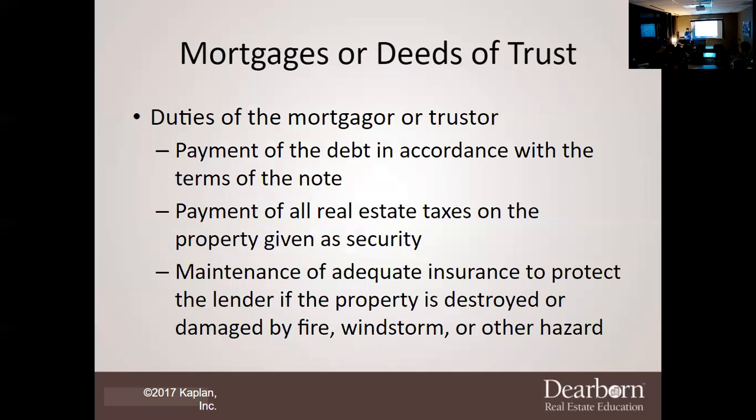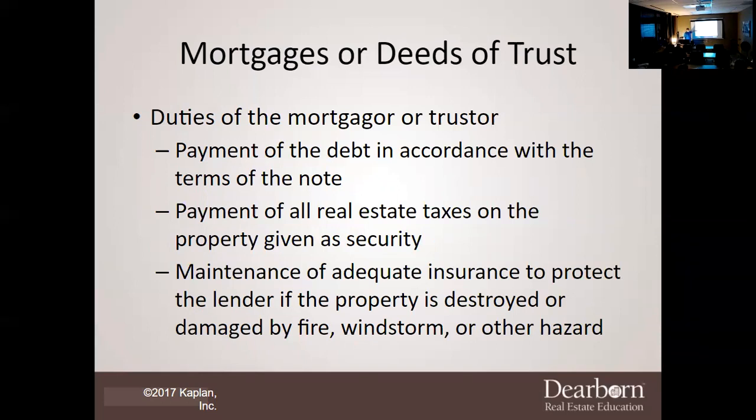Now the duties of the mortgagor or the trustor, doesn't matter who it is, their duties is they have to pay the debt in accordance with the terms of the note, common sense. They have to have payment of all real estate taxes on the property as security.